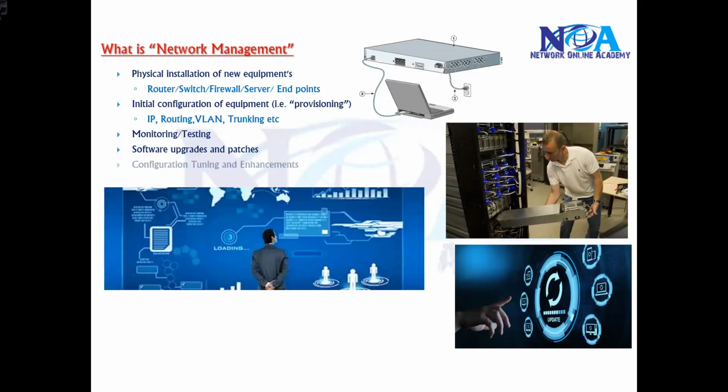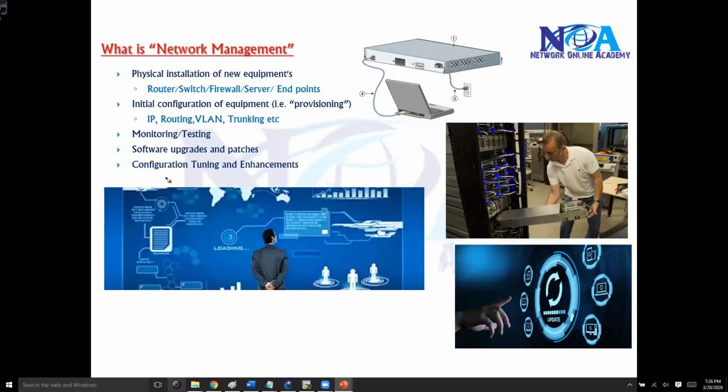And apart from that, there is one more thing you will be doing. There is something called configuration tuning and enhancements. Now, configuration tuning is nothing but you already have a network which is configured, and you're going to make that particular network more productive. Like you're going to add some additional enhancements or some additional features which are going to make your network perform better.